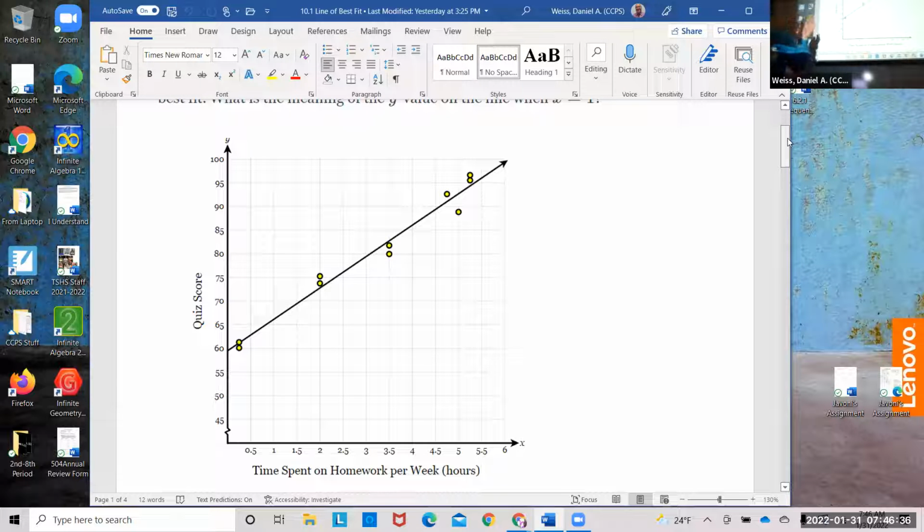It's not that you will get exactly this number on your quiz if you studied 1 hour. It's not exact, it's a prediction, it's approximate. Nod your head if you understand what I'm saying, okay?